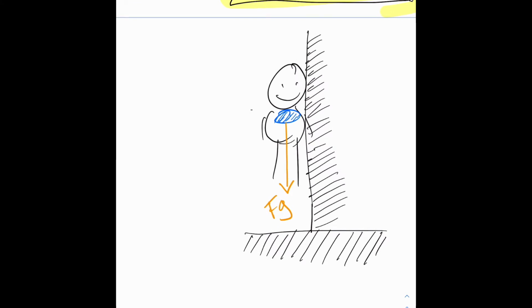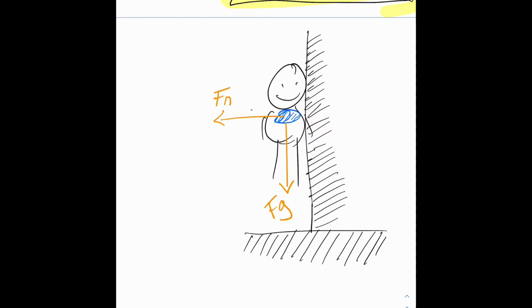Force normal, but normal always points 90 degrees from a surface. And the surface the person is in contact with is no longer the floor, it is actually the wall behind them. So we're going to draw it 90 degrees to the wall, pointing that way. So let's go ahead and draw it pointed to the left. And we're assuming this person is facing the left as well.